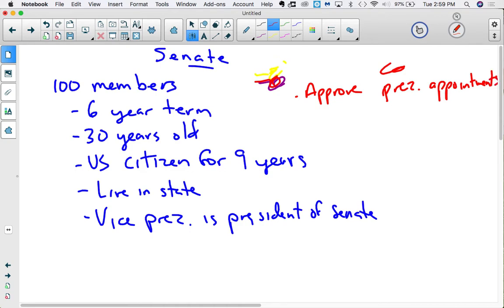Kavanaugh, right? Kavanaugh was appointed by the president, and the Senate was able to have the hearings in order to ratify that. That's their job. They also ratify treaties with a foreign government. The president makes a treaty, the Senate ratifies a treaty.